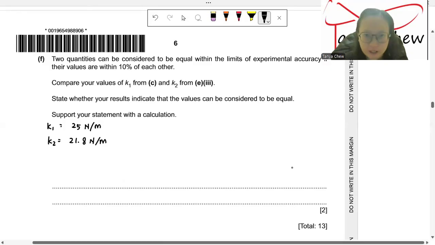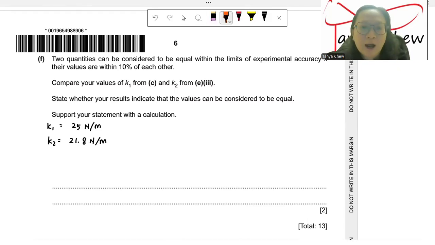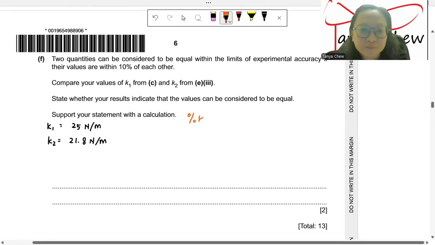Now, to calculate whether the values are within the limits of experimental accuracy, I'm going to calculate the percentage difference of the K values, right? How do you calculate it? I want you to listen carefully.